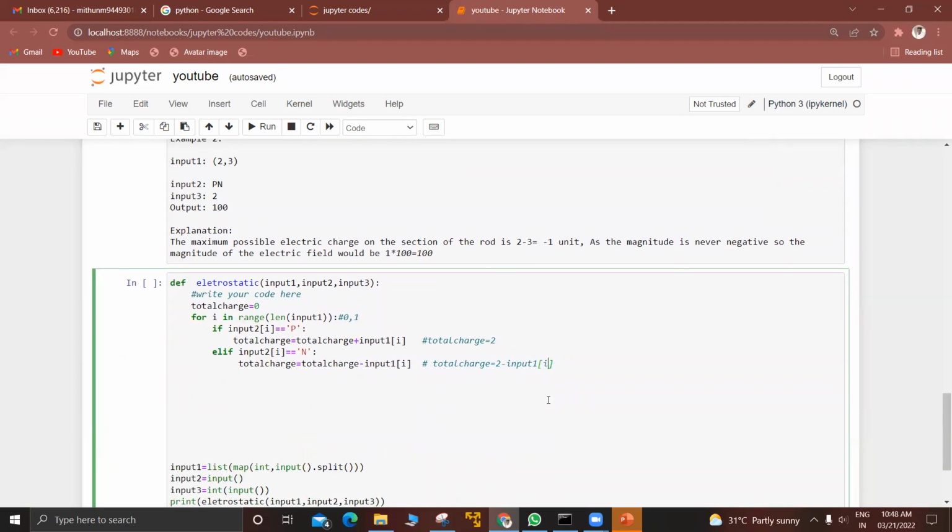So input 1 of i means 3. So the total charge will be updated to minus 1 in this position.